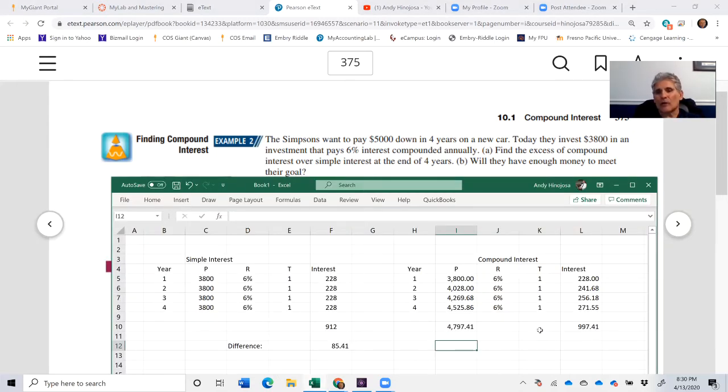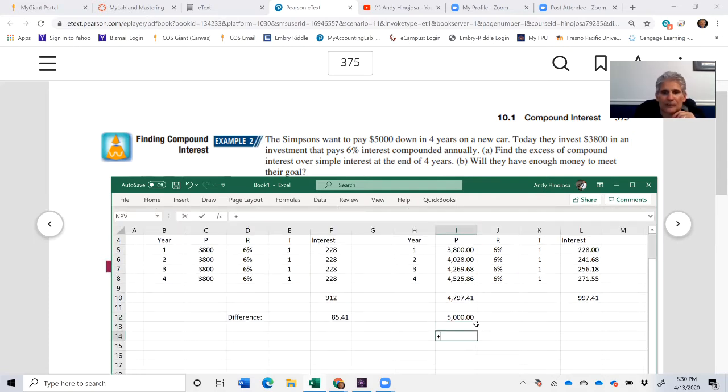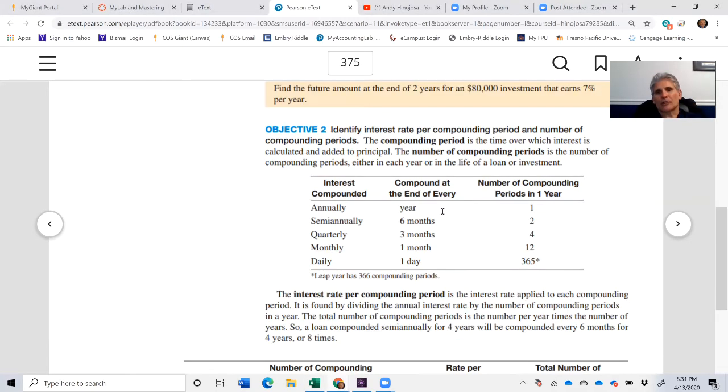Knowing that the Simpsons wanted to have $5,000, they're short. They're short by how much? The difference, they need another $202.59 beyond the $4,797. We're going to be using tables that we look up so that we can get the numbers we need from these tables.